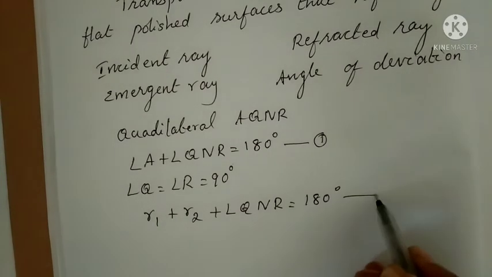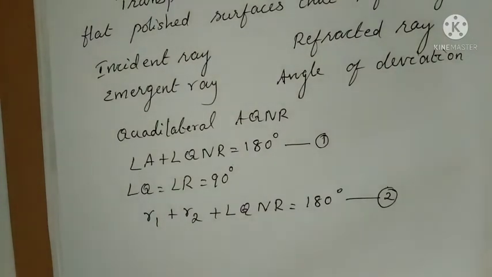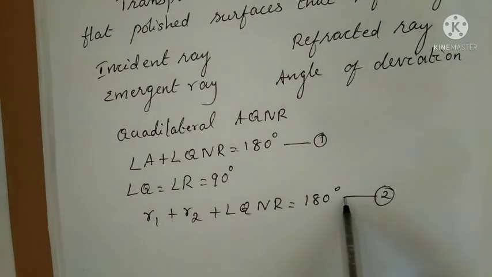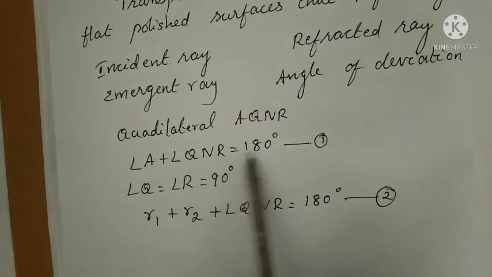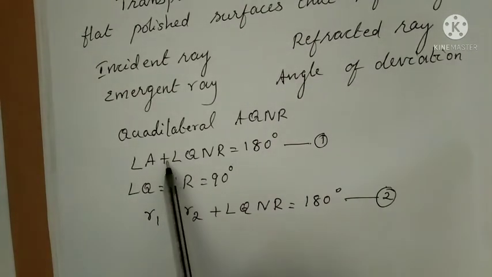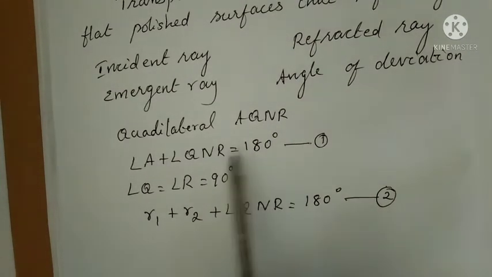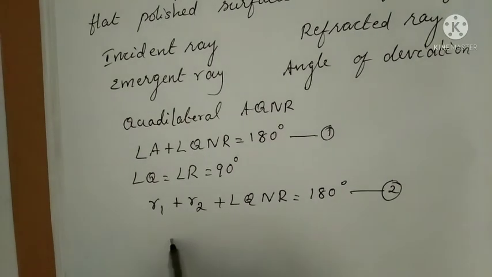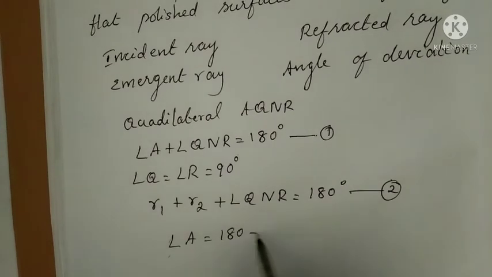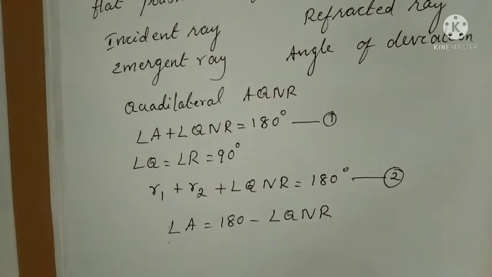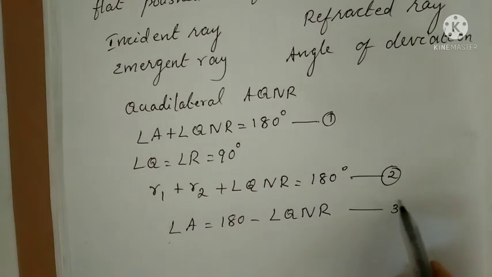So we get these two equations from the ray diagram. Then compare equation 1 and equation 2. From equation 1, how can you write? Angle A equals 180 minus angle QNR. We note it as equation number 3.